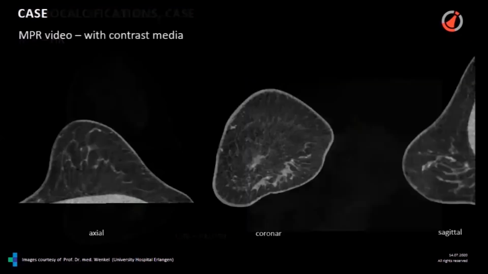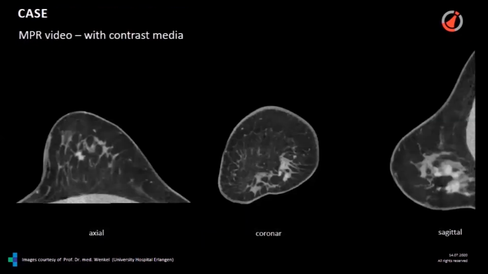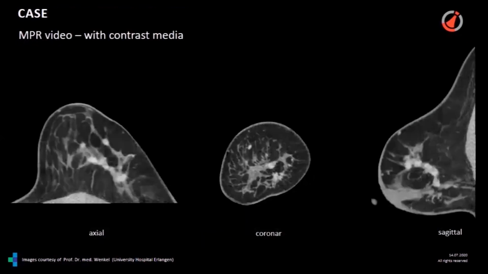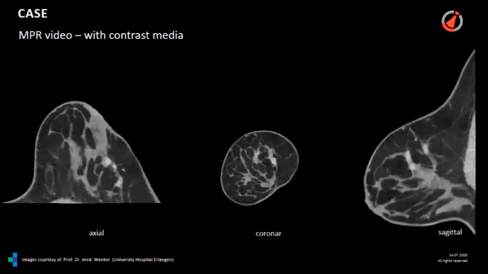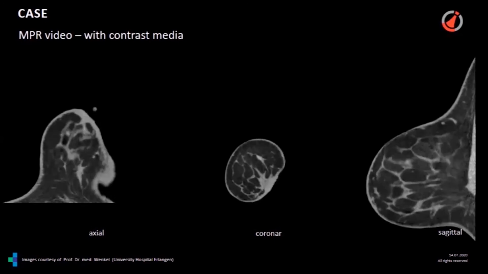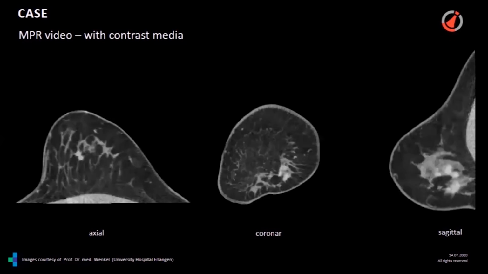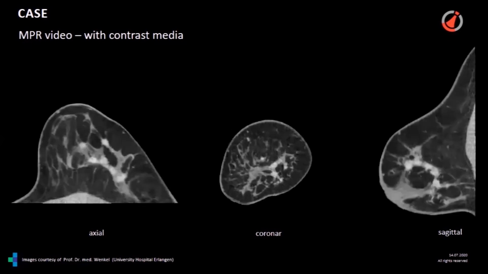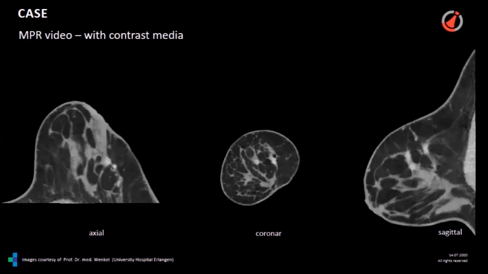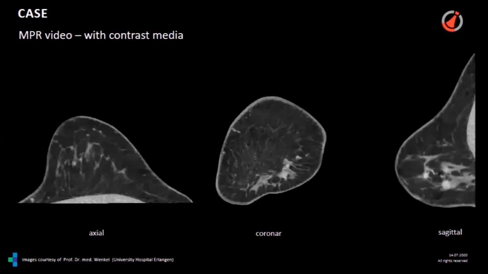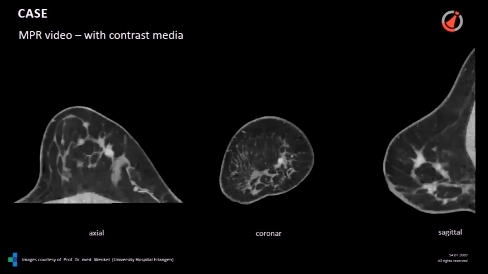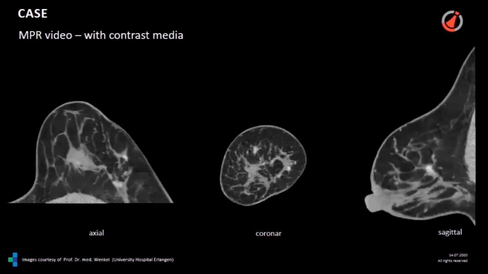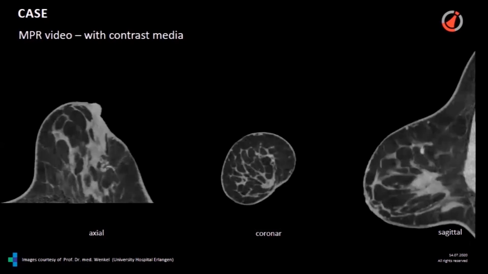Looking at a multifocal tumor in the breast, running through the different projections, axial, coronal, and sagittal, you are able to recognize the distribution of the multifocal tumors in this breast.